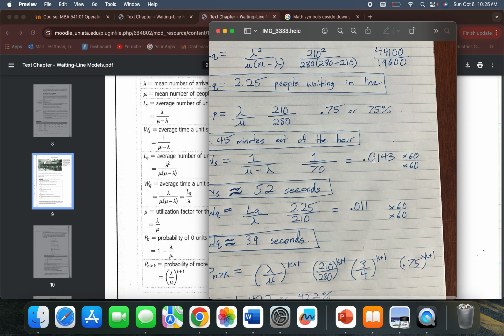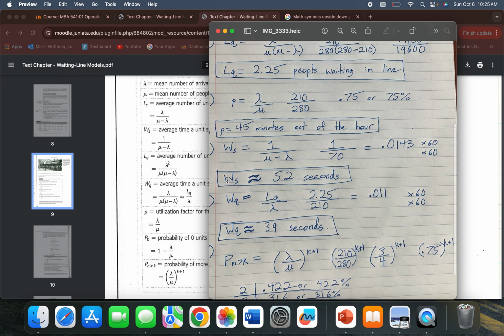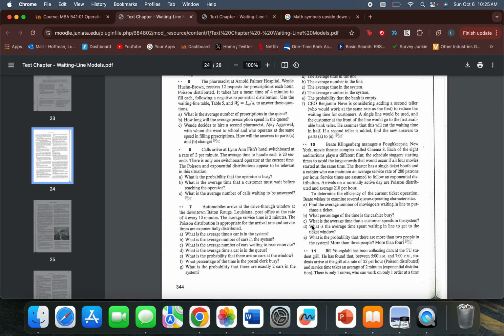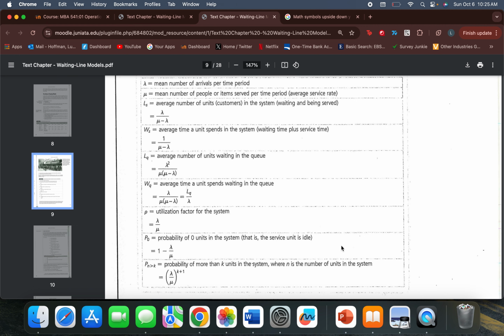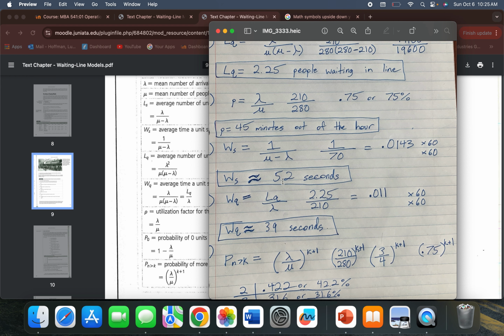So 1 over 70 rounds to about 0.0143. Then I just multiplied by 60 to put it into seconds, and that comes out to 52 seconds. So the average customer, including the waiting time and the time at the desk getting their tickets, spends around 52 seconds.